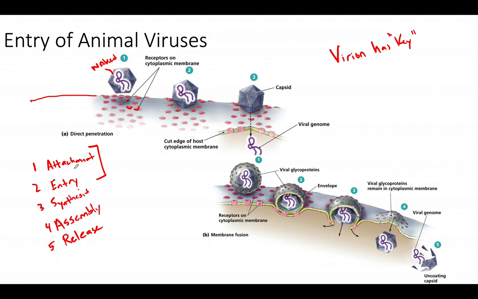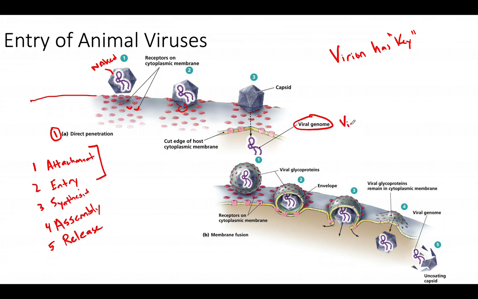So we saw that for the bacteriophage as well. This particular route of entry is called direct penetration. And so molecules on the surface of this capsid are going to basically bring the virus in really close and interact with this cell membrane, basically creating a small pore that can allow the viral genome, that nucleic acid, to penetrate the cell membrane directly, and now you have nucleic acid inside the cell.